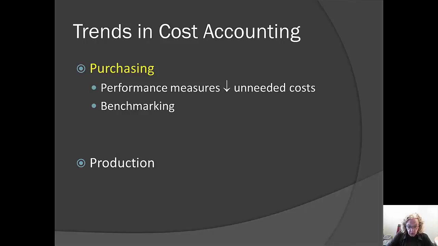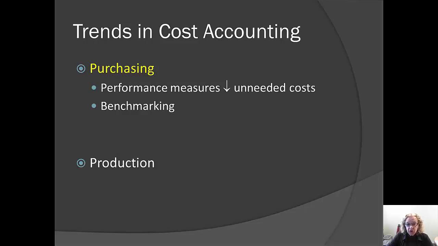One thing that we can do is benchmarking. That involves setting standards for what we expect from our production inputs, and then we can compare our actual performance to those standards and see whether we've met our own goals.